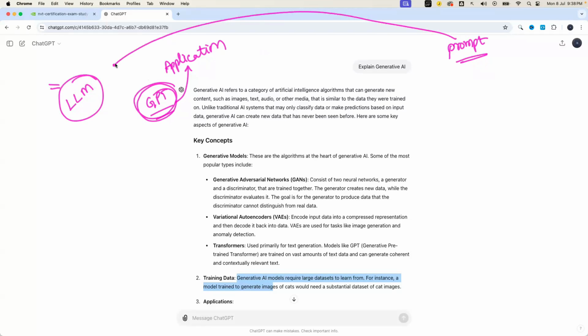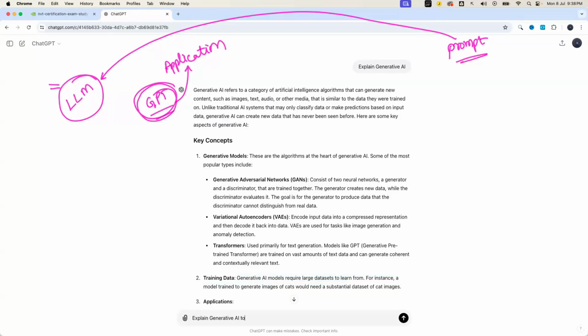The input that we send to this large language model or generative AI application is called a prompt. Now, here, when I mentioned explain generative AI, it generated the response in this manner. Now, observe closely and try to make out what would happen when I mention the input in a certain way. So I'm going to mention a few more details.